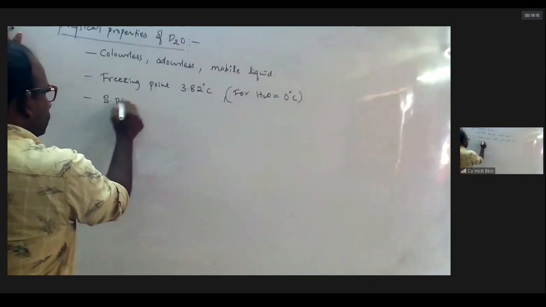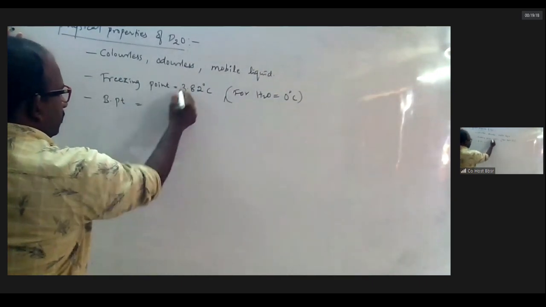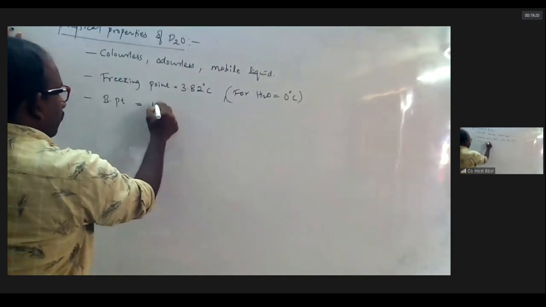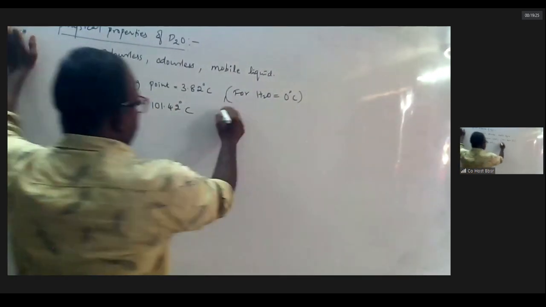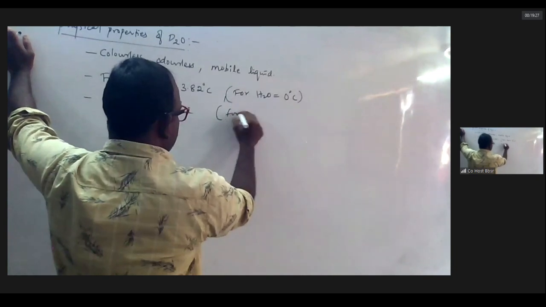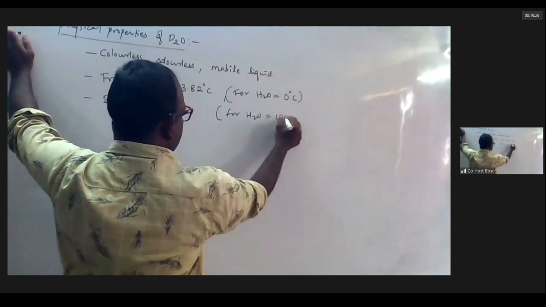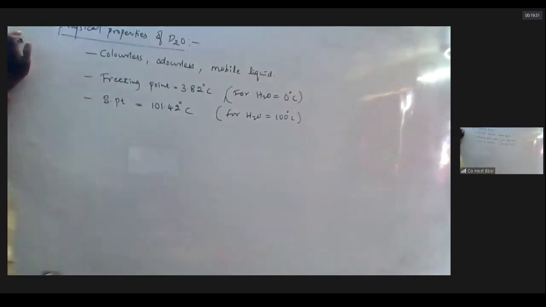Boiling point is 101.42 degrees Celsius. For H2O, this is 100 degrees Celsius.